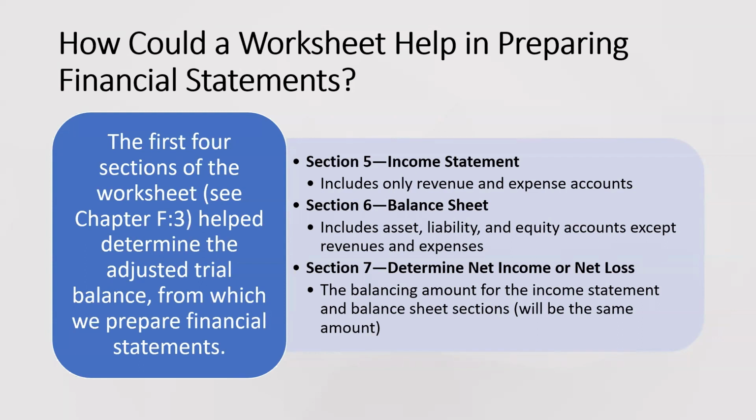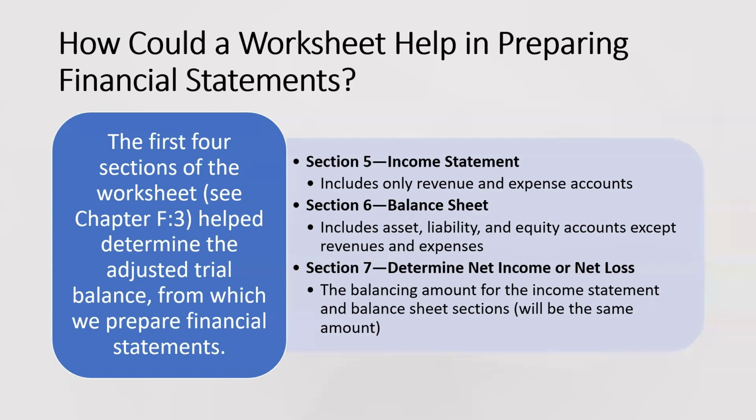Third, you will calculate the net income or net loss by subtracting total expenses from total revenues. Then you would input the net income or net loss as the balancing figure in both the income statement and balance sheet sections.